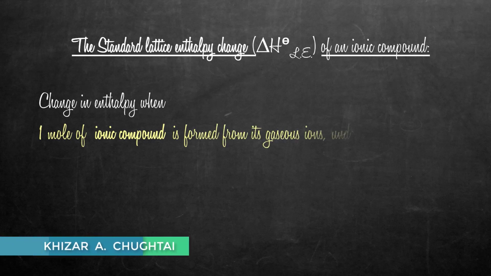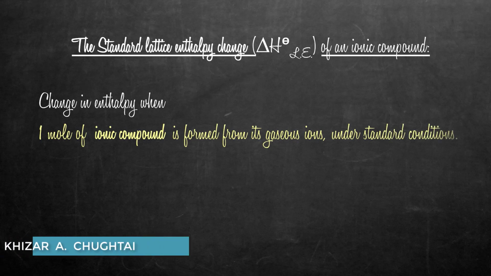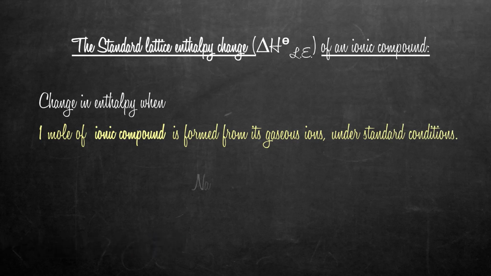For example, when sodium gaseous ion and Cl negative gaseous ion are allowed to react together, then there is a formation of 1 mole of NaCl solid compound. Energy released in this process is known as enthalpy of the lattice energy of sodium chloride.